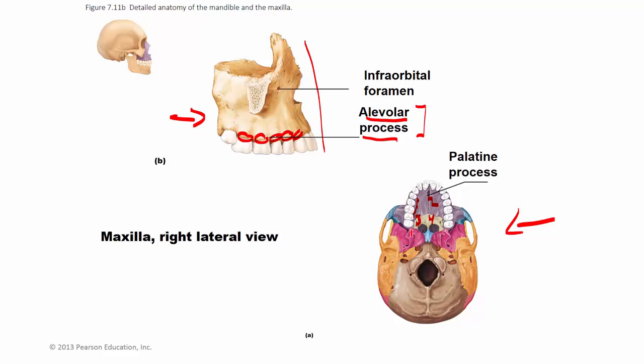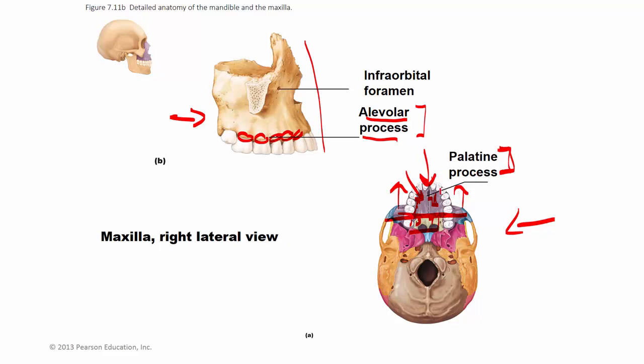The front two-thirds of the hard palate are the palatine processes of the maxilla. The palatine process from one maxilla and the palatine process from another maxilla form the front two-thirds of your hard palate. The back third is another set of bones called the palatine bones. Again, if I said name this bone, I would say that's the maxilla. If I said name this feature, I'm talking about the palatine processes.